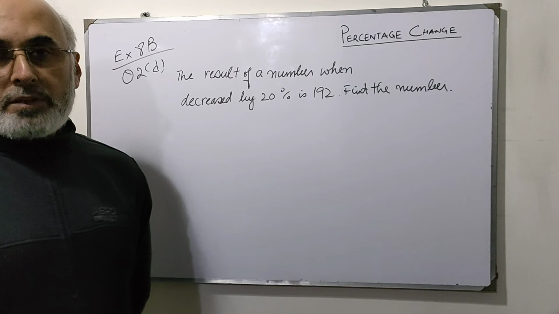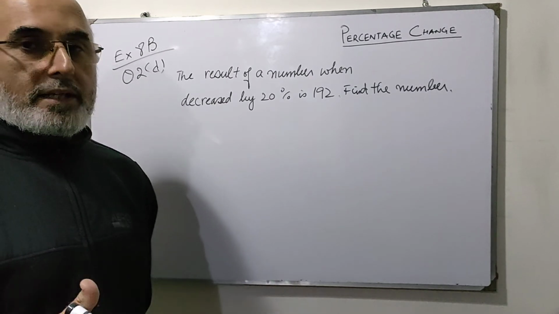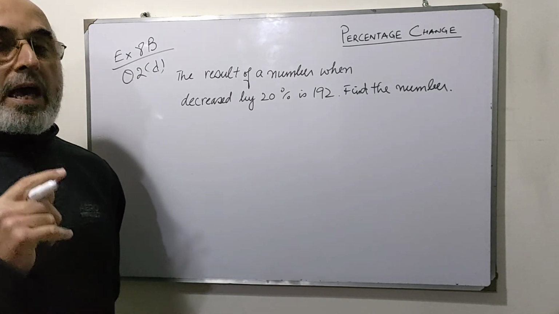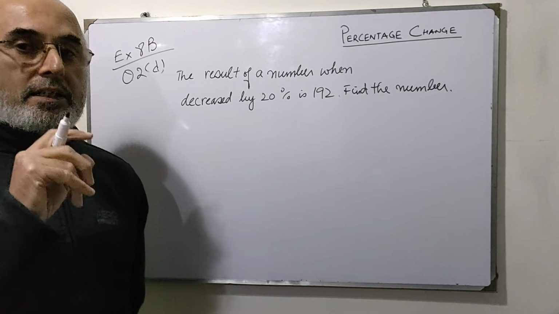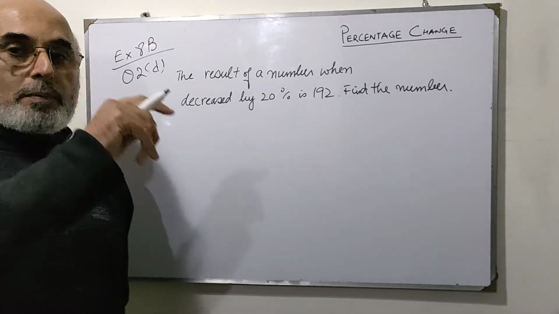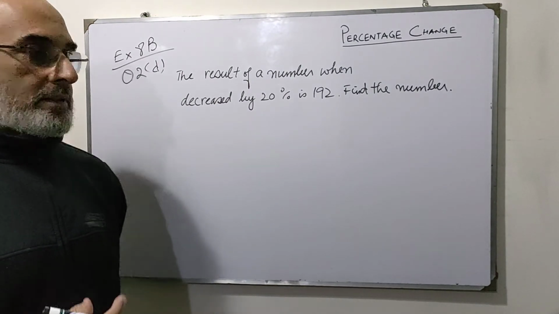We don't know the original number, but it is decreased by 20% and the result is 192. We'll take a variable for that number, and since it is decreased by 20%, the number itself was 100, decreased by 20, so that means we have to multiply it by 80%.